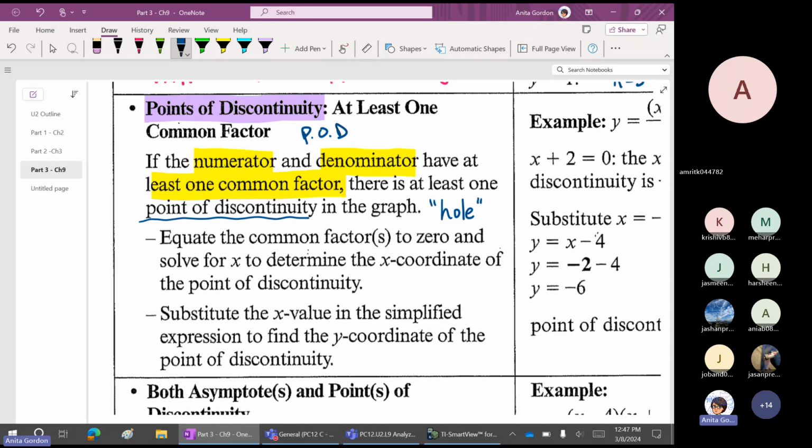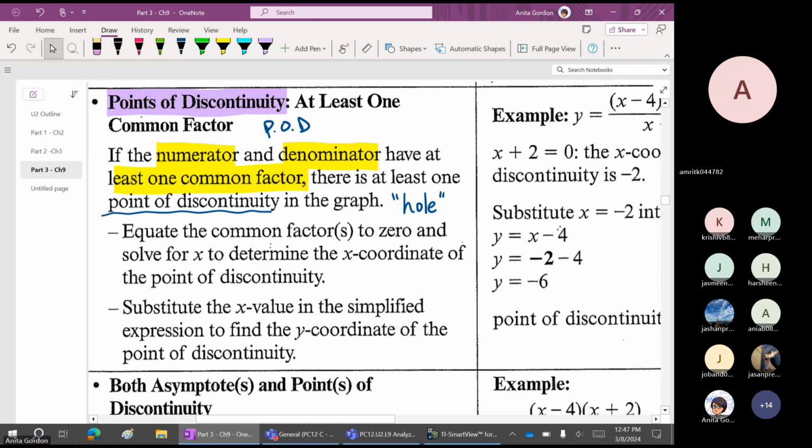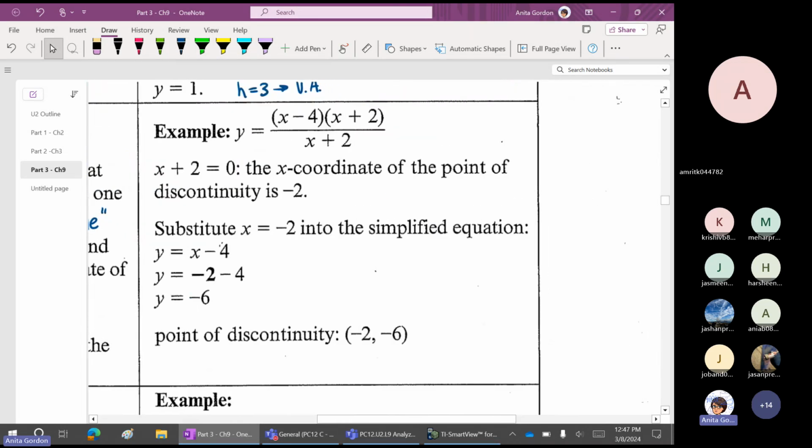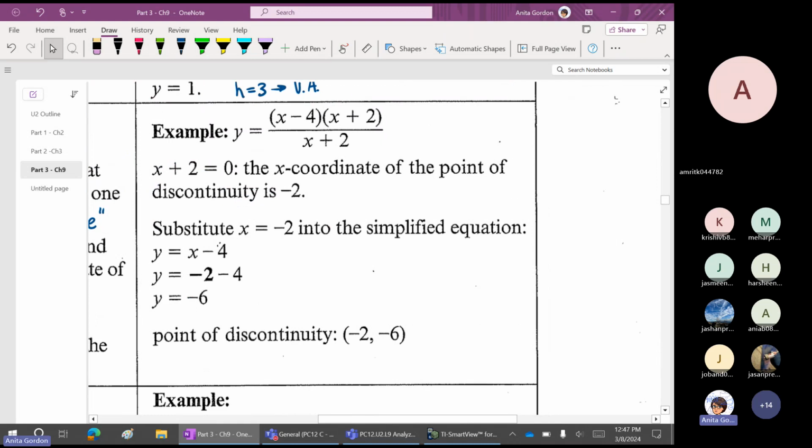So we're going to have some smooth curves, some smooth lines that we're going to draw, but there's going to be a hole in the line or the curve. Okay, so let's take a look at an example. Here is a rational expression already in factored form.